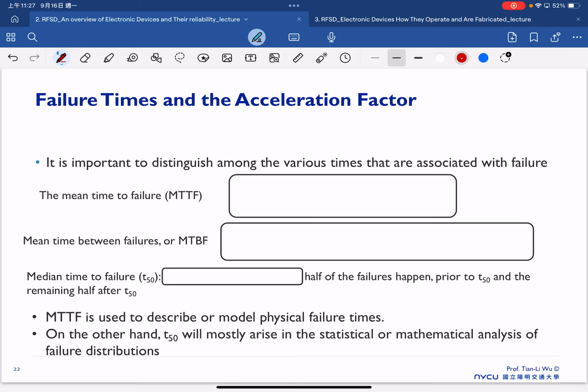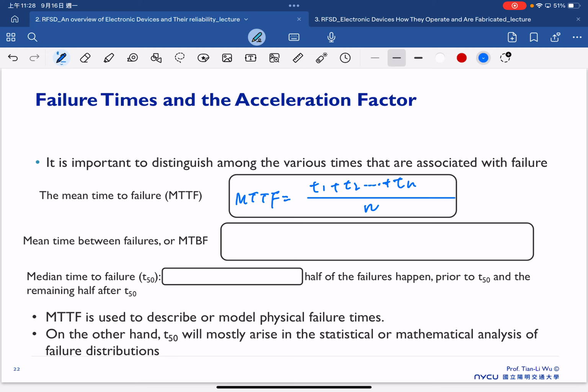The mean time to failure by definition is, if we test multiple devices, T1, T2 plus Tn over n in total. So that's the MTTF, mean time to failure.